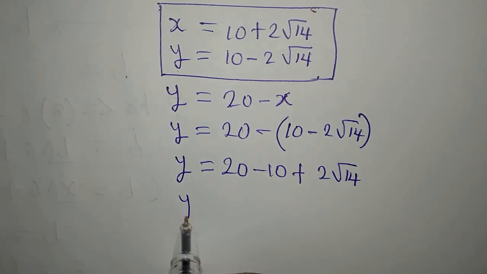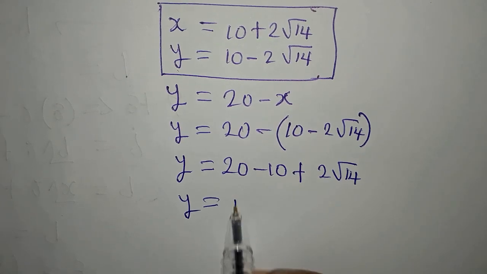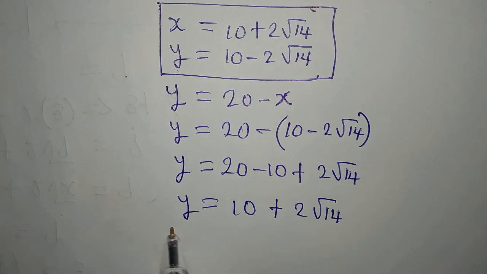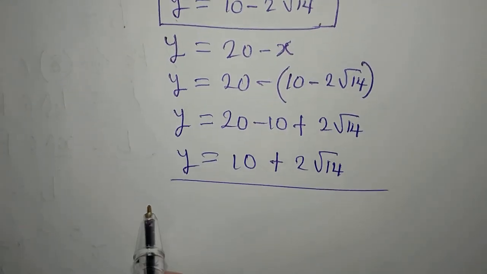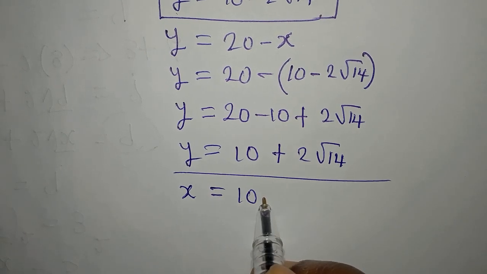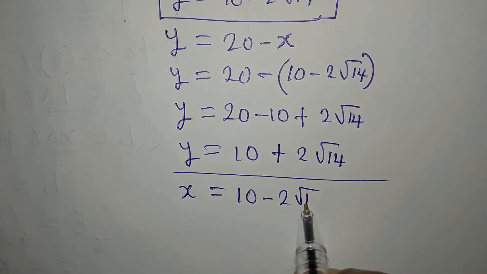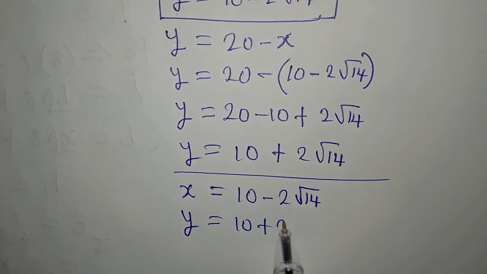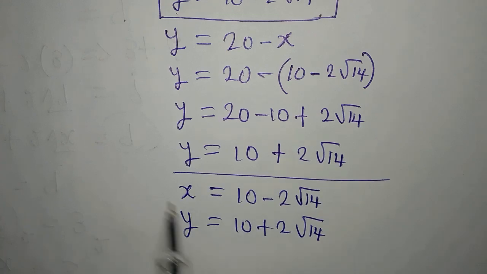Now y is equal to 20 minus 10 is still 10. We have plus 2 root 14. Now what are we saying again? We are saying that when x equals 10 minus 2 root 14, y equals 10 plus 2 root 14.